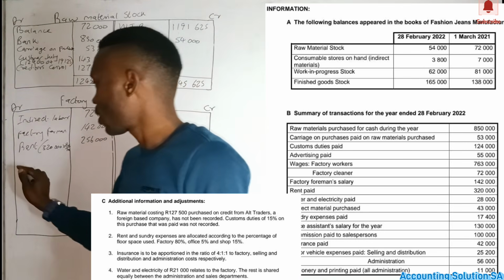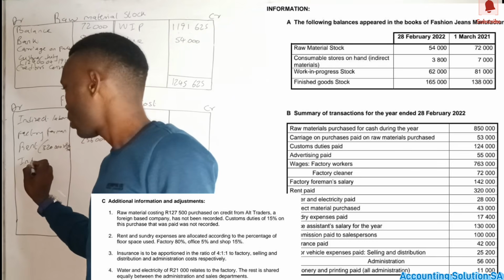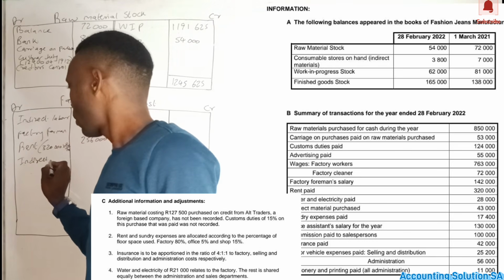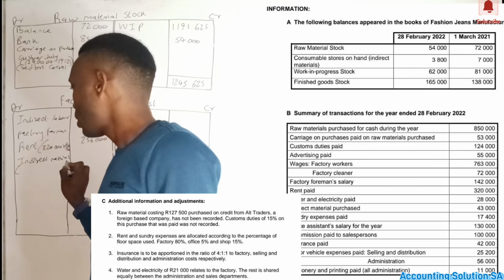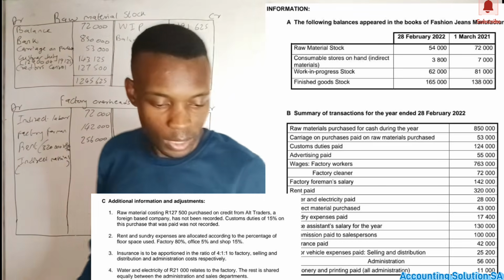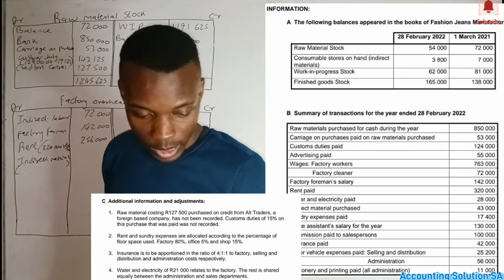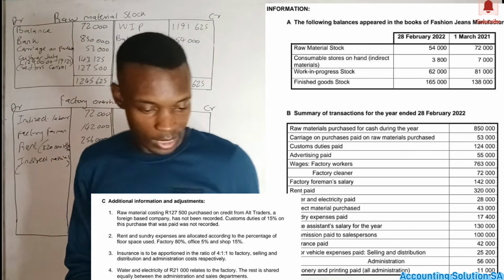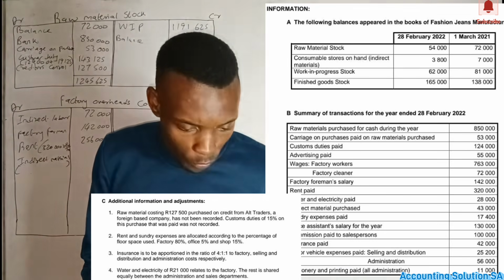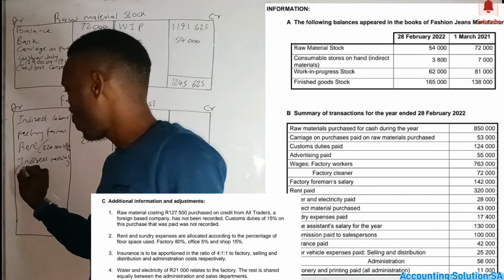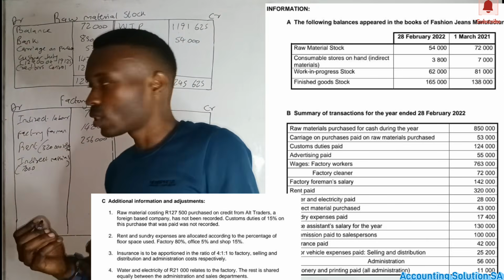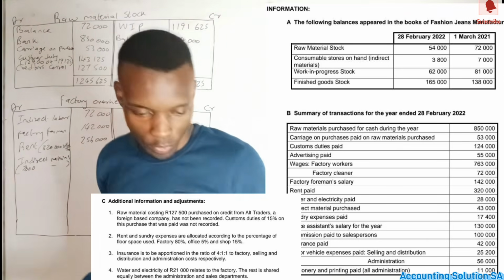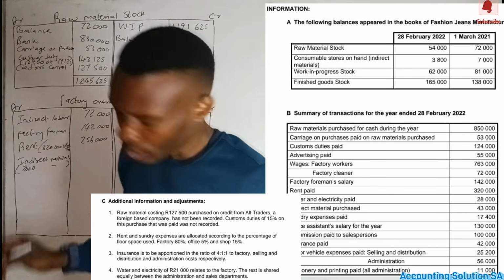Indirect material falls under here. Remember when we read the opening balances, we found that we have an opening balance of indirect material of 7,000. We said opening plus purchase minus closing. Minus closing of how much? 3,800.